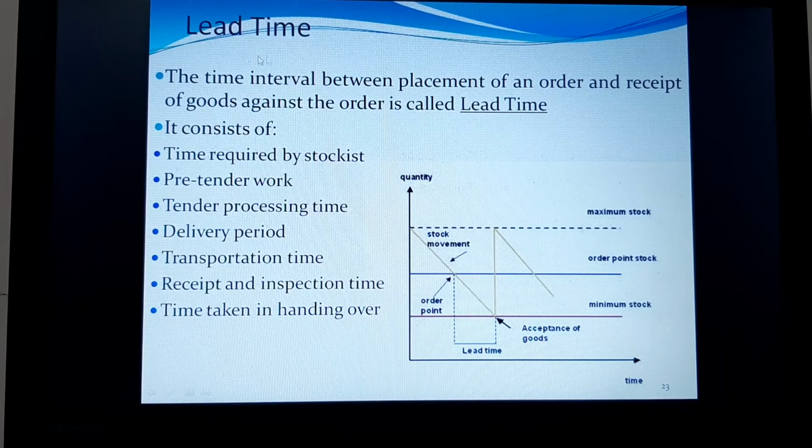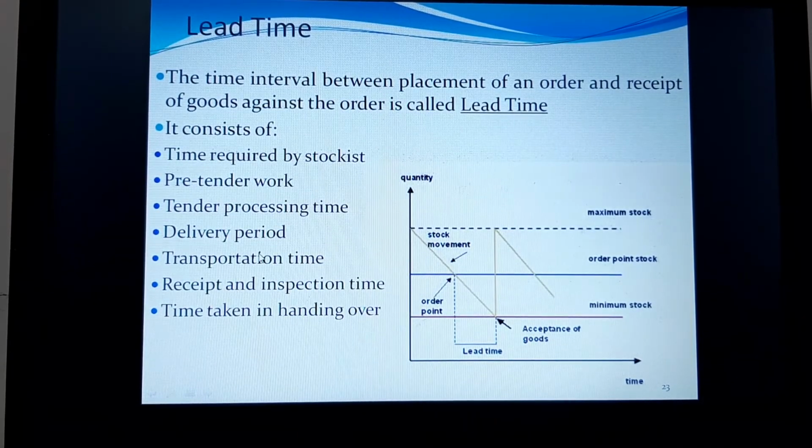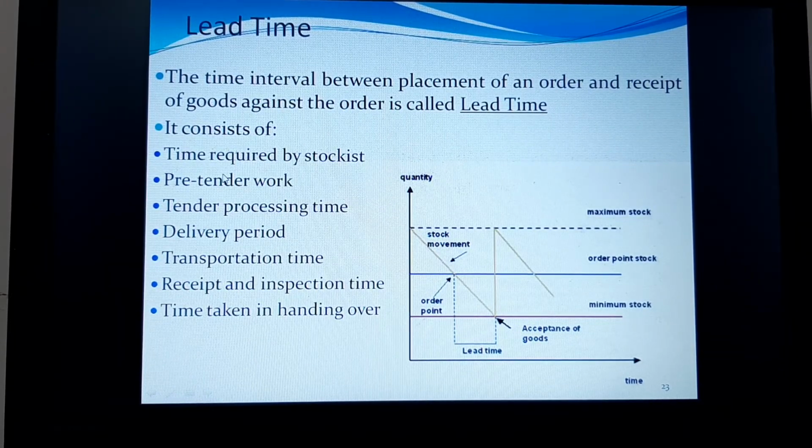This lead time is dependent on many factors. We are supposed to keep many of these factors into consideration while calculating the lead time. That means: the time required for your stockist to supply your materials, pre-tender work, tender processing time, delivery period, transportation time, receipt and inspection of the item, and time taken for handing over the material.